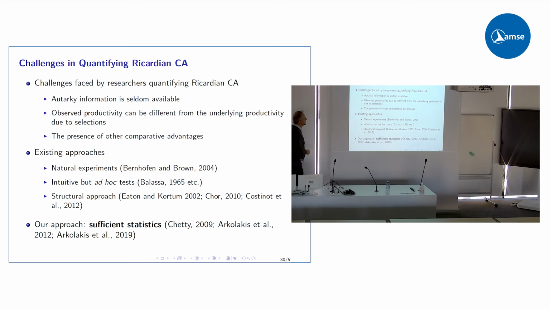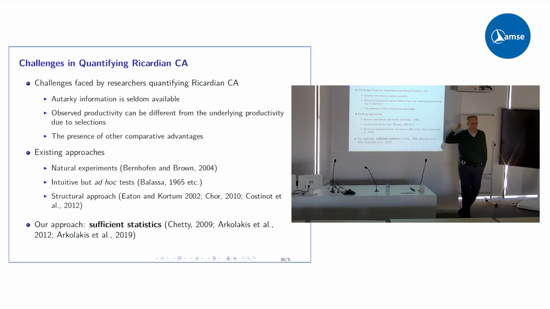So now, we have 15 minutes, and so this is good enough to get into the quantification of the results. And so here, what are the challenges? Clearly, Ricardian comparative advantage is defined in autarky, so autarky information is seldom available.